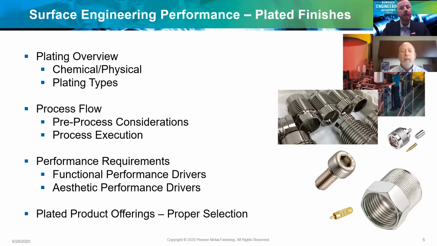But we're going to spend most of our time today on performance requirements and selecting the appropriate plating system for your desired performance or your desired aesthetics. And we'll round this out with a comparison chart of the most common plating offerings that are available in the market today, or that you're likely to encounter, and leave with a comparison chart that would really steer you in a direction of, am I selecting the right plating system for my current product offering, or are we set up appropriately for the best results?